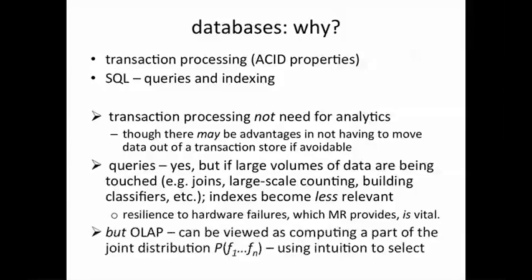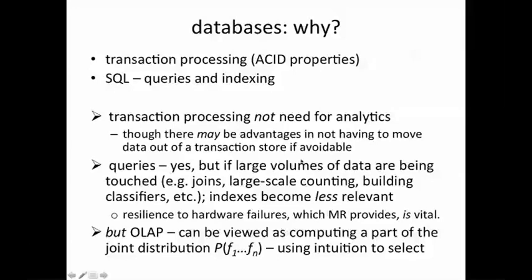Lastly, it's important to recognize that OLAP is also a form of analytics and can really be viewed as computing a part of the joint distribution across all the features, which are the columns of a table, but you're using intuition to select which set of features you want to actually look at. So to summarize, there are two contradictory requirements here in analytics.